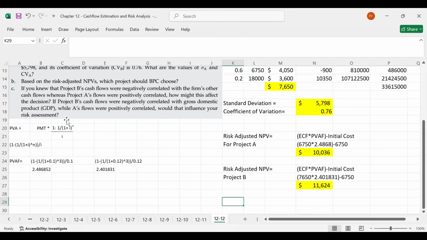So in conclusion, the portfolio effects from project B would tend to make it less risky than otherwise. This would tend to reinforce the decision to accept project B because, with the help of risk adjusted NPV, you can see that project B seems more profitable as compared to project A.